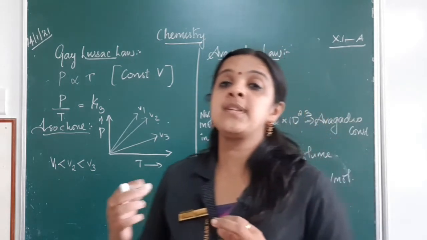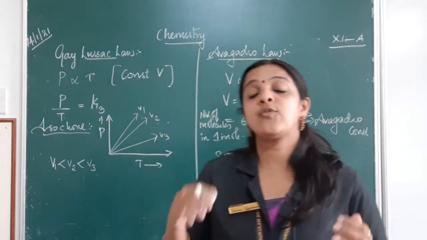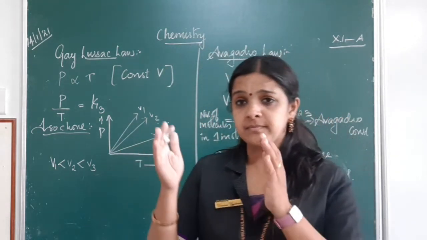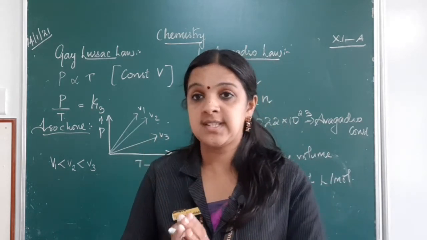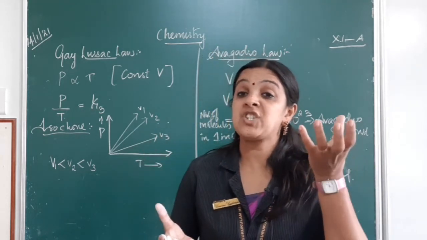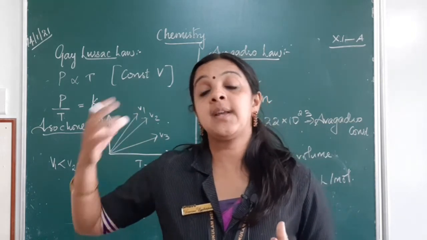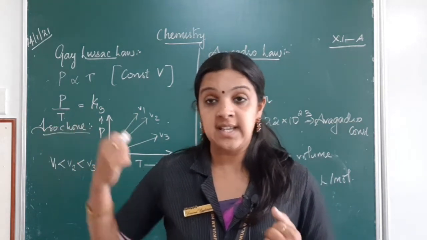Now these experiments were done by the scientists at various different volumes, keeping the volume constant, checking what happens when the pressure of the gas increases, whether the temperature also simultaneously increases.